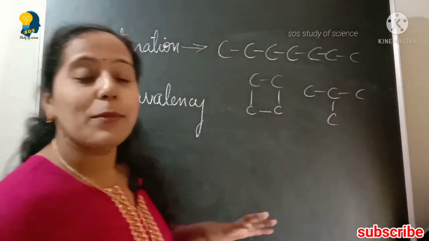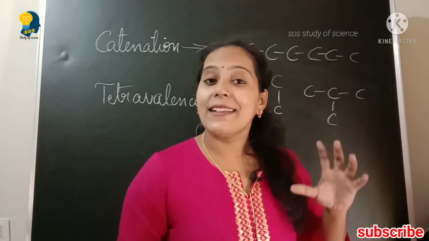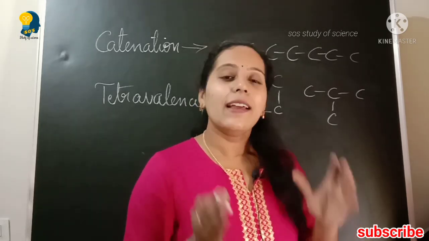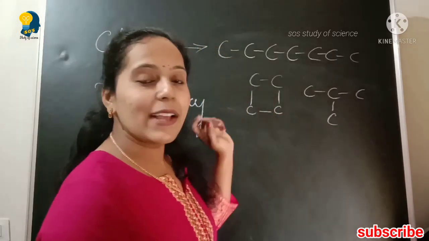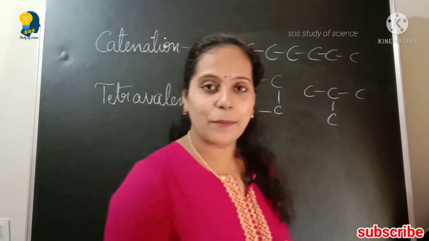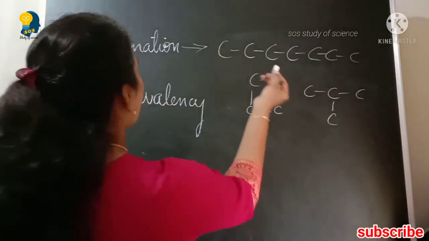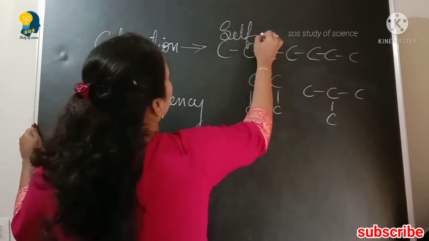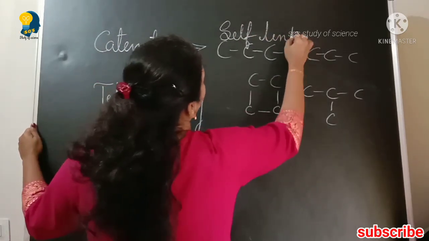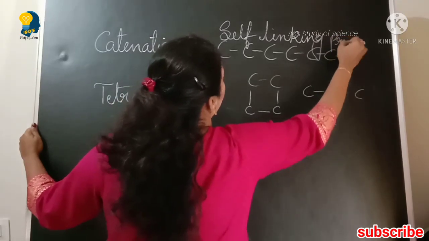So by self-linking, carbon can form the longest straight chain, the cyclic chain, or the branched chain. This property is called catenation. Catenation is nothing but the self-linking property of carbon.